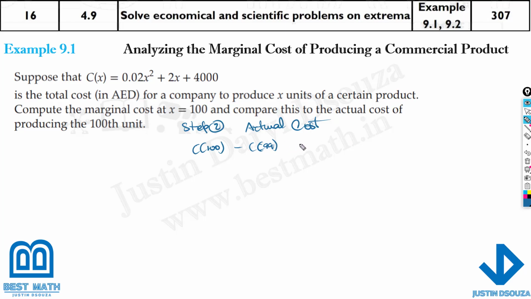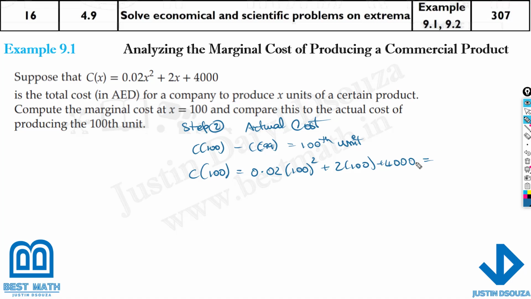Then we will get the 100th unit cost. That is the actual cost. Now C of 100 would be, in this equation, all you need to do is type out x as 100, the whole square, plus 2 times 100 plus 4000.